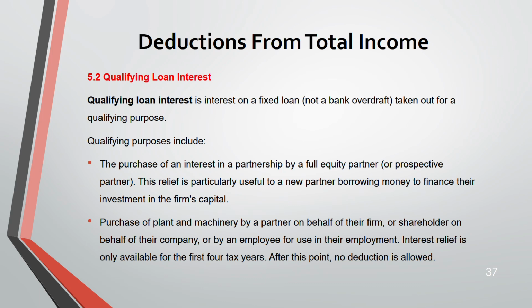You can only deduct the interest for the first 4 tax years. After the first 4 years, there is no deduction. So if a shareholder has purchased plant and machinery on behalf of the company, they can deduct the interest for the first 4 tax years. After that, no. If a partner has taken plant and machinery for using in their firm, first 4 tax years. If an employee has taken plant and machinery for their employment, first 4 tax years they can deduct that interest.